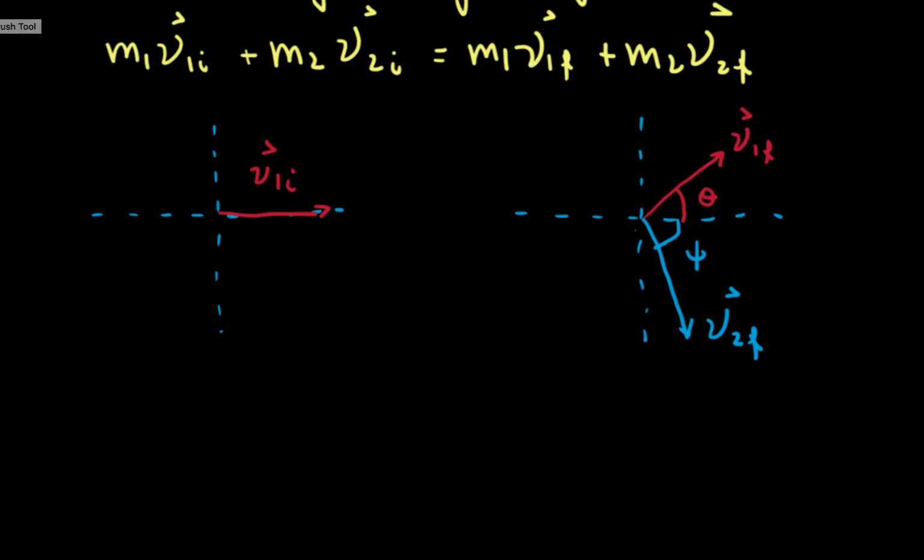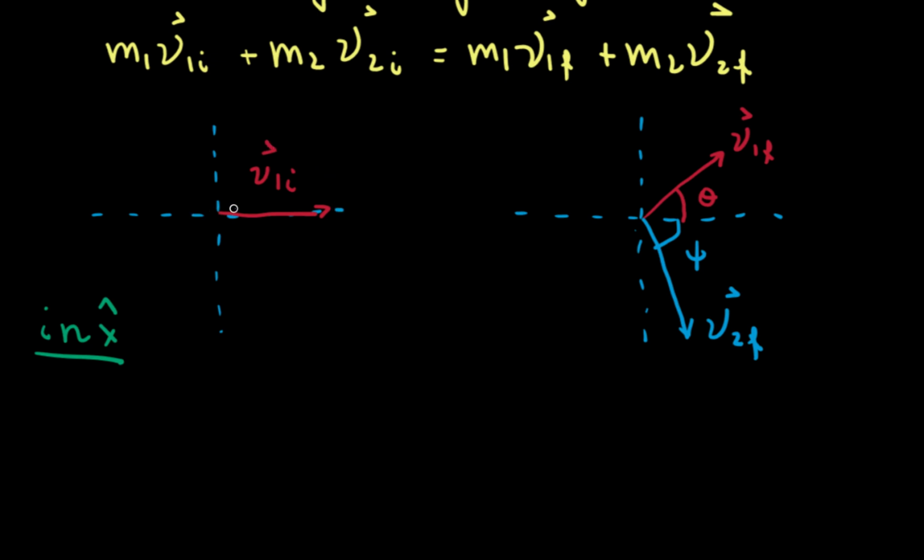Remember what I said, these equations now are vector equations, and to take them into scalar equations, you have to do each direction independently. And we have done this in forces and in ballistic motion, so you should be used to this by now.